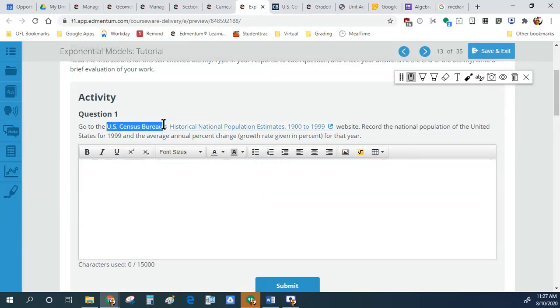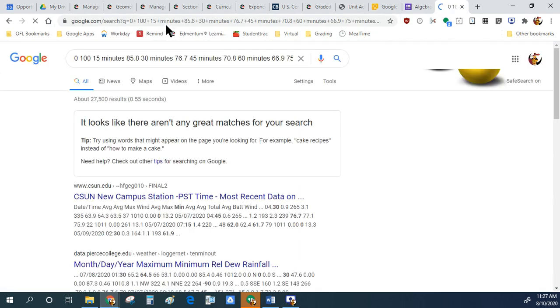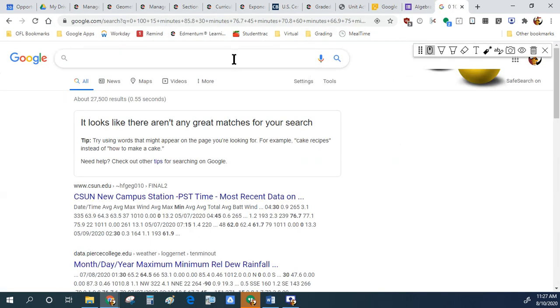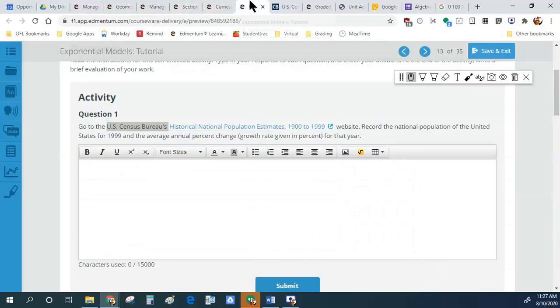US Census Bureau. We might have to Google this. US Census Bureau. It would help if I actually copied the right thing.